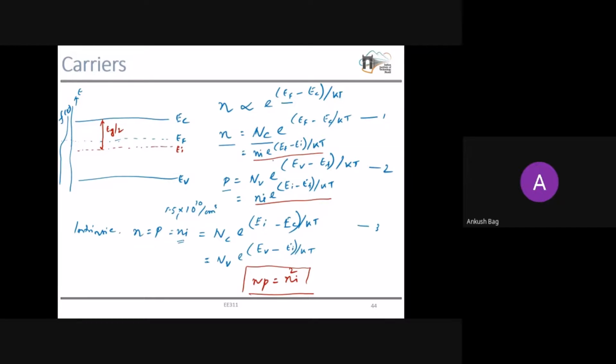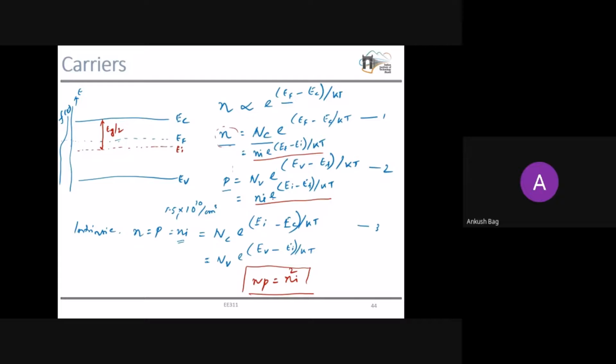Whenever you have an n-type semiconductor, EF minus EI will be positive since EF is above EI, so you will have electrons as the majority carrier, and at the same time you will have a negative value in the hole expression, so P will be the minority carrier.